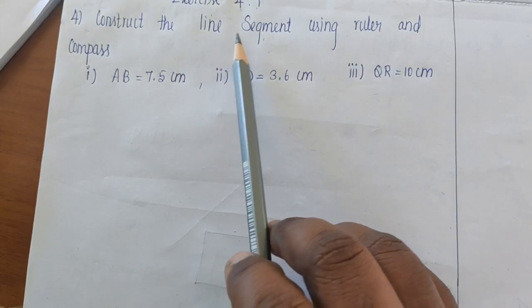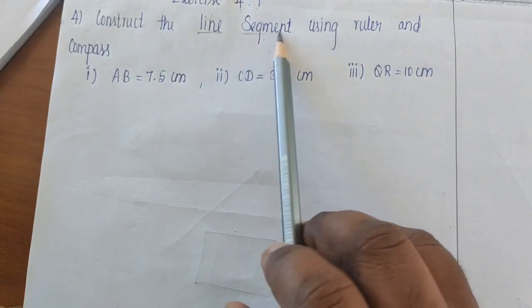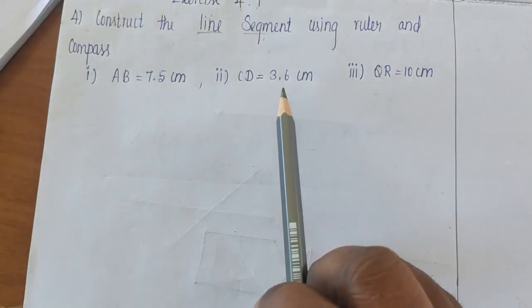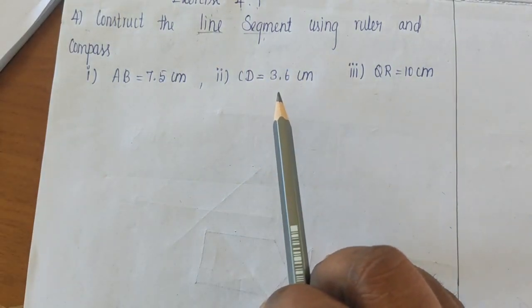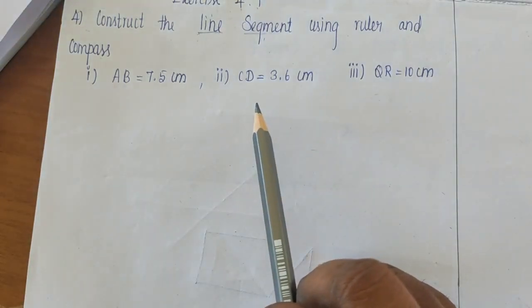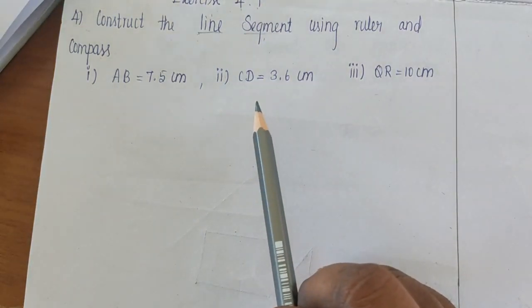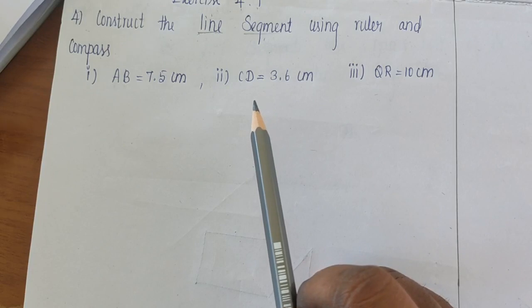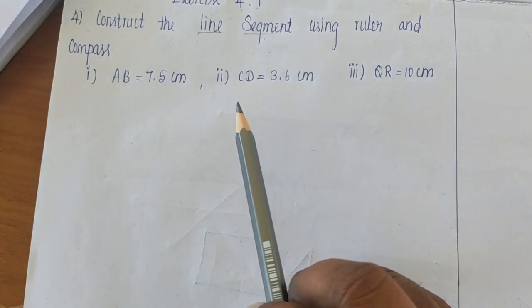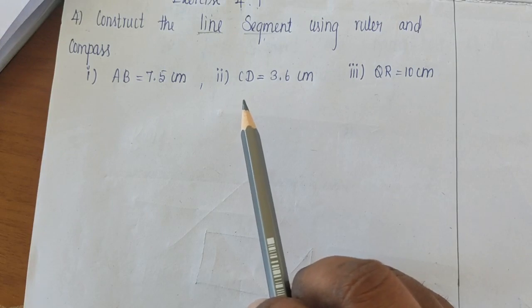Okay students, what is a line segment? A line segment has end points, and both end points are named.